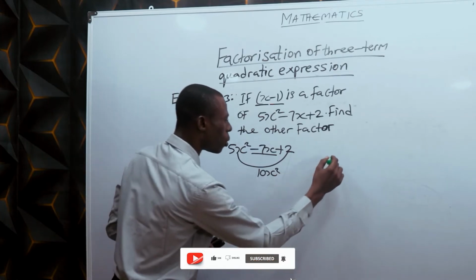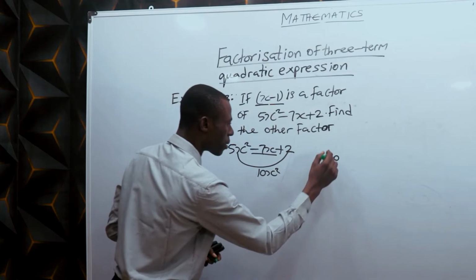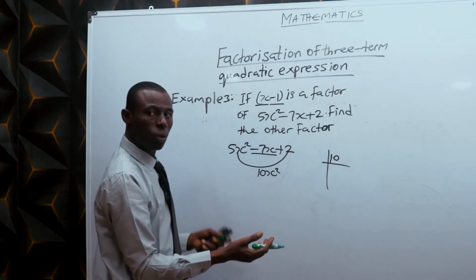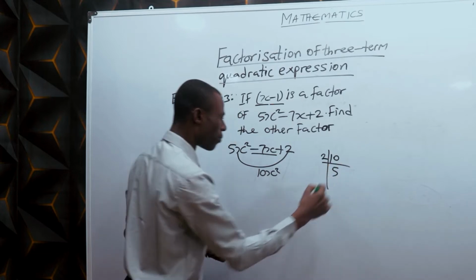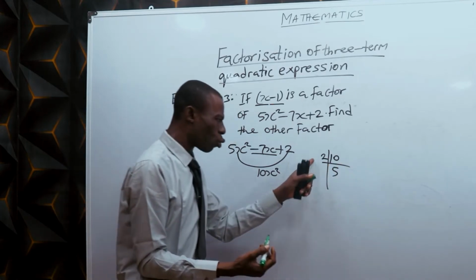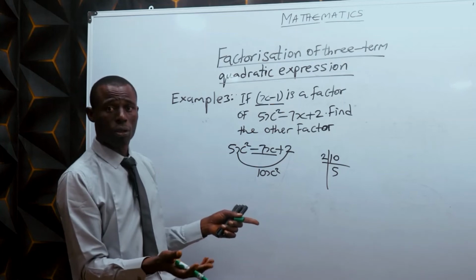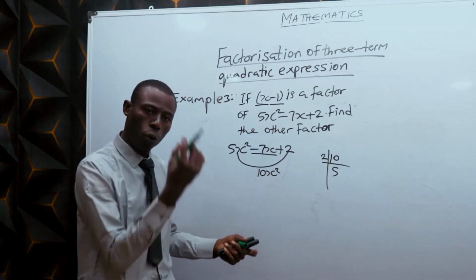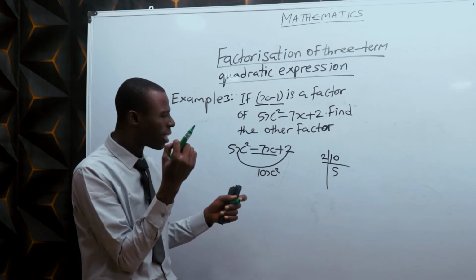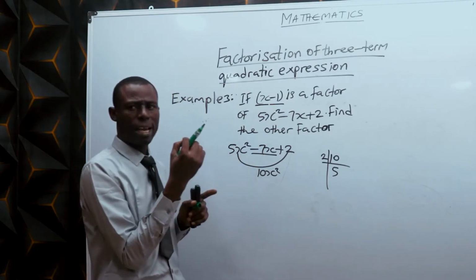Now let's use the coefficient of this to quickly search out our factors. 2 times 5 gives 10. You now ask yourself, can I use 2 and 5? Definitely 2 and 5 are factors of 10, but we have other factors of 10. We are only looking for 2 of them that will be qualified to use here.